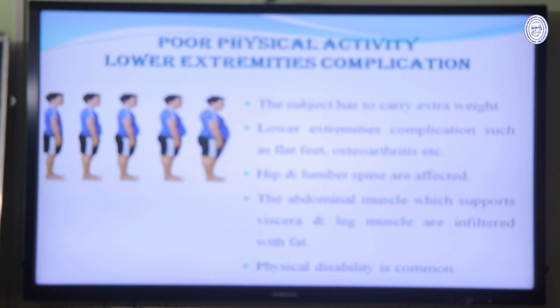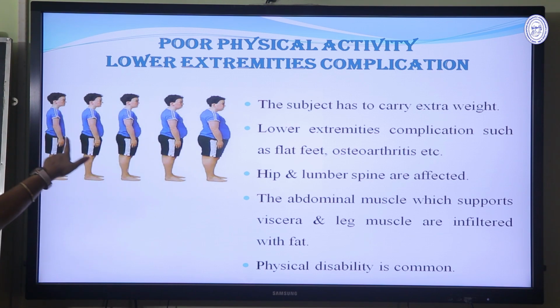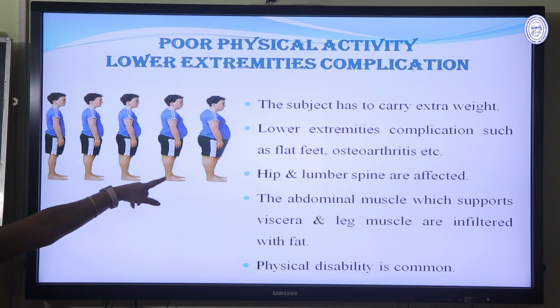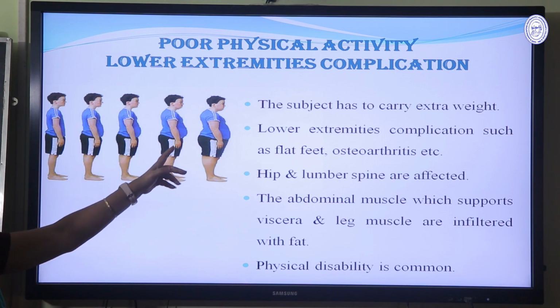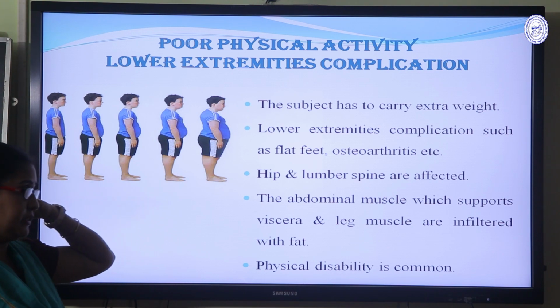Locomotor activity and poor physical activity are observed during obesity, and lower extremity complications are very common. It has been observed that a normal individual ultimately turned into an obese individual, and the legs, the extremities have to carry the extra body weight. That is putting a burden on the lower extremities.